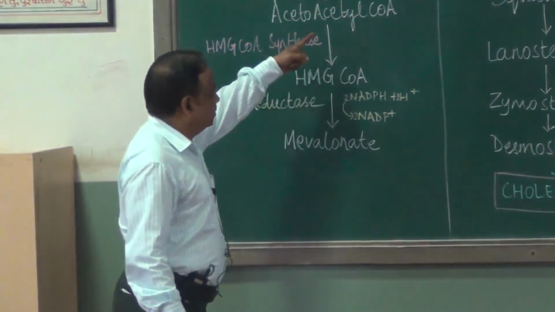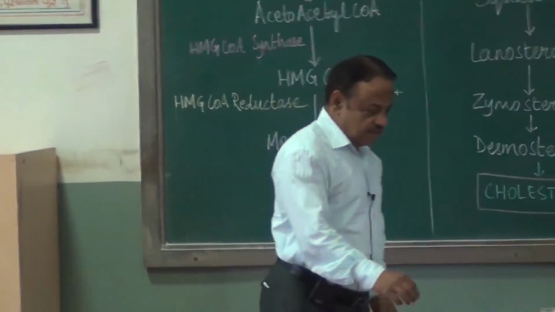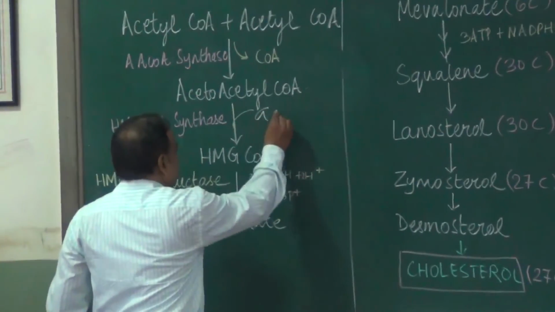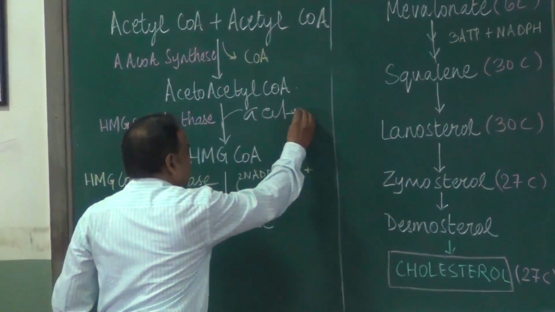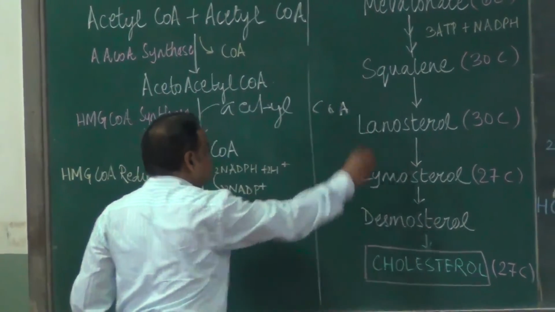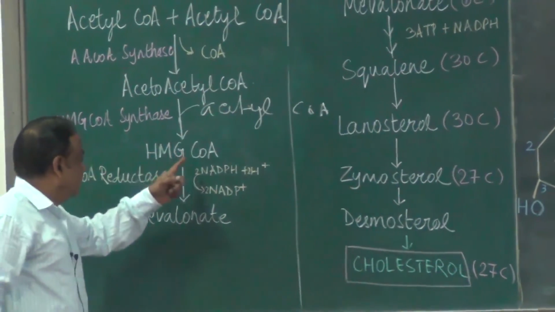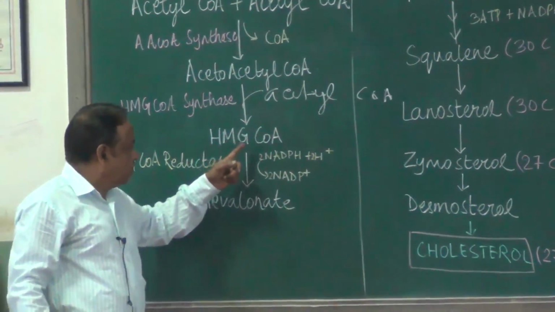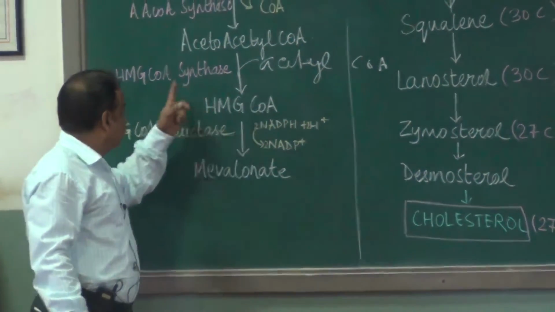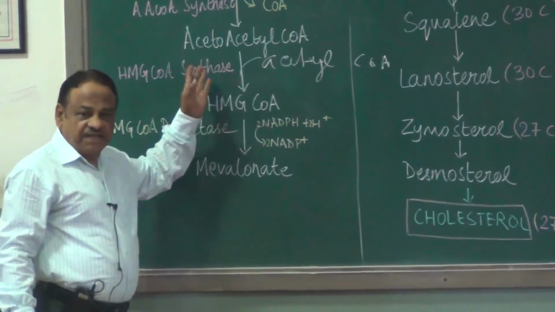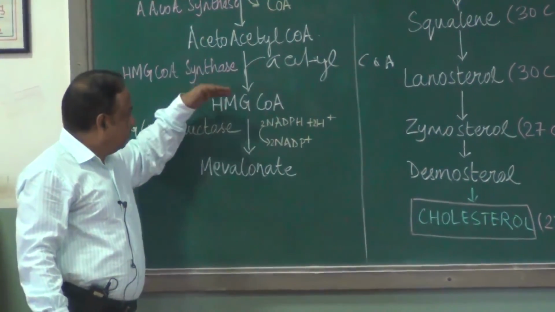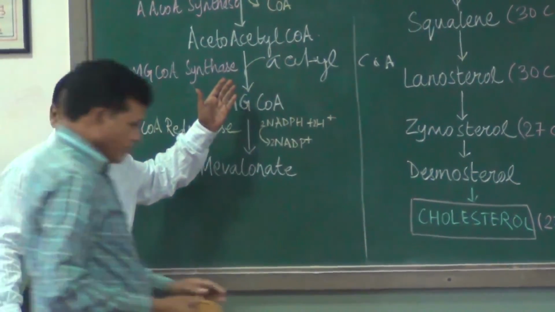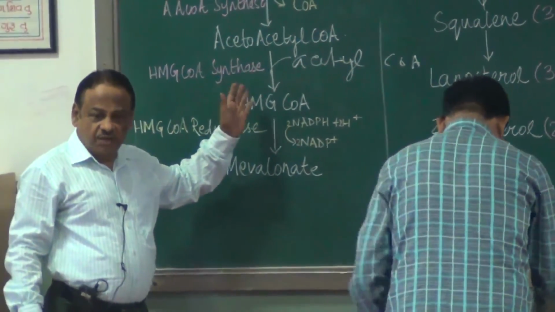Now you have acetoacetyl-CoA. To this, one more molecule of acetyl-CoA is added, so that you get HMG-CoA, hydroxymethylglutaryl coenzyme A, in the presence of the enzyme HMG-CoA synthase. Up to this much, there is a common pathway for ketogenesis and cholesterol biosynthesis.